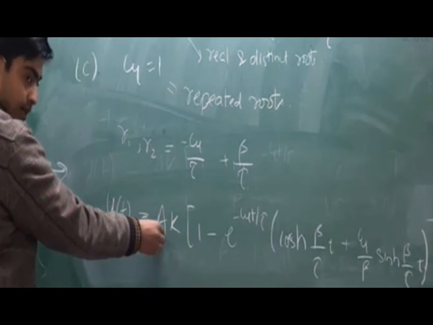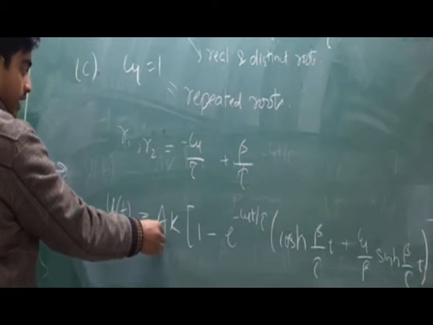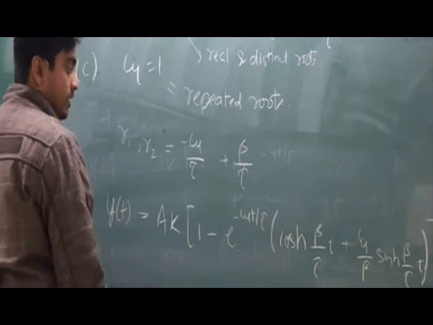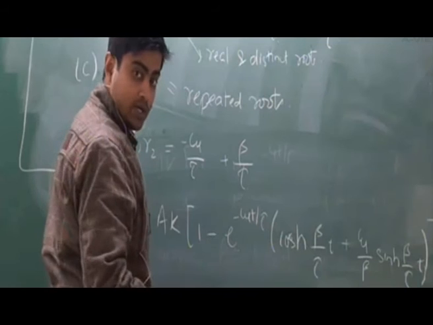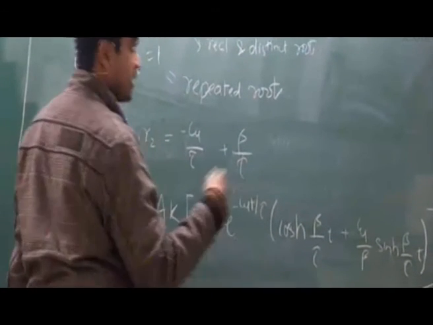So generally the ultimate value is AK because of this damping, but this system is also called the overdamped system. Okay, we will see the graphs afterwards.